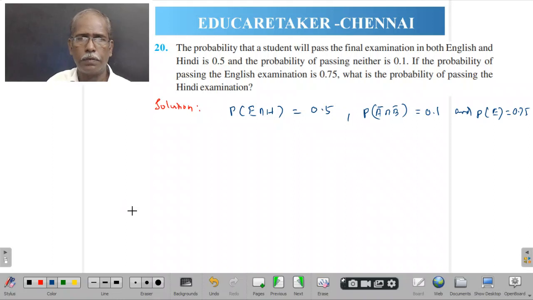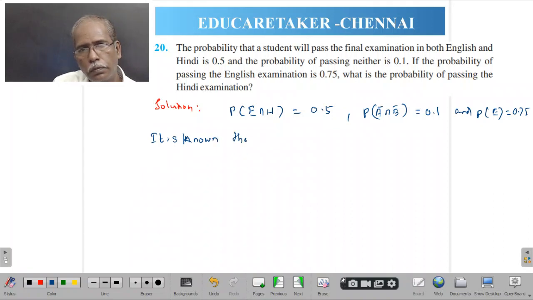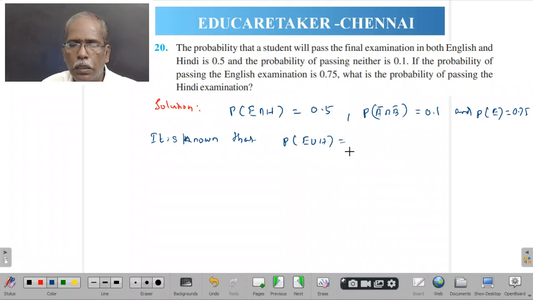Dear student, from the data it is known that P of E union H is nothing but 1 minus P of neither, since E union H is at least one.